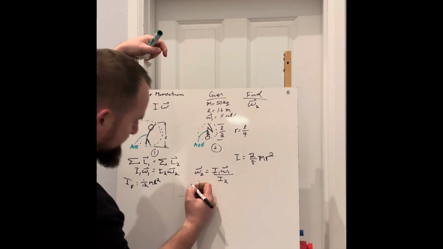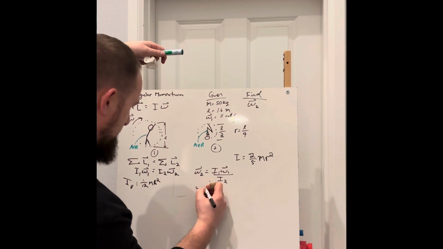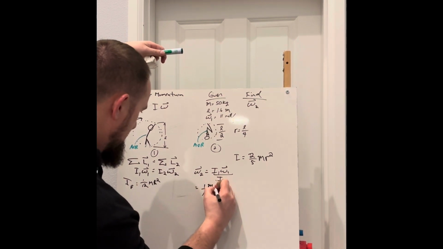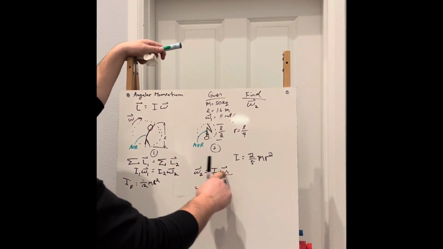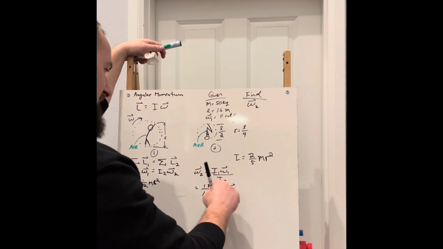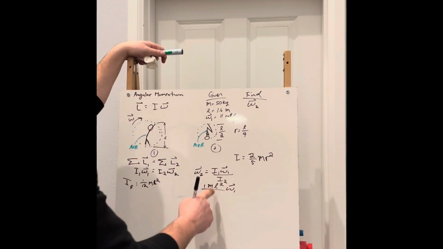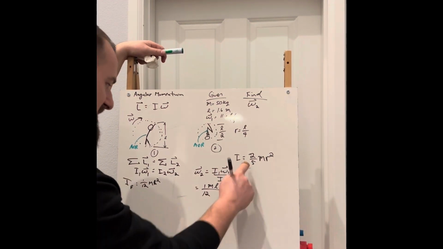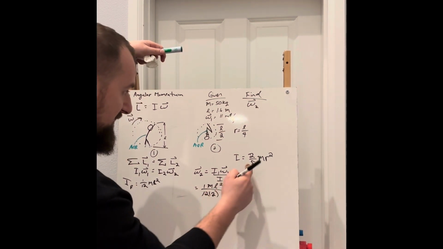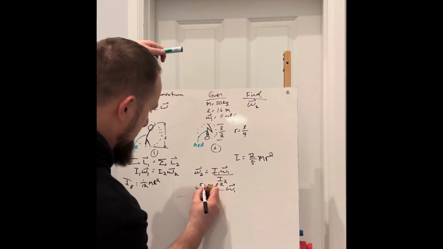Our inertia initially was 1/12 ml squared times angular velocity at position 1, and then we'll have inertia 2. I'll take the 2 over here, and that 5, I'll just bring it to the top.